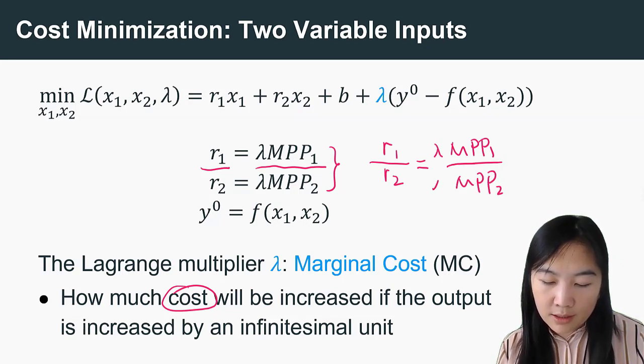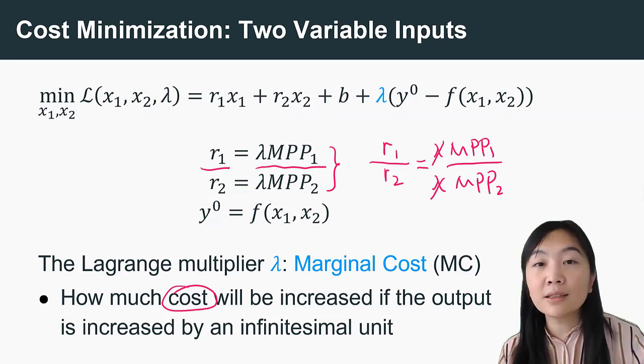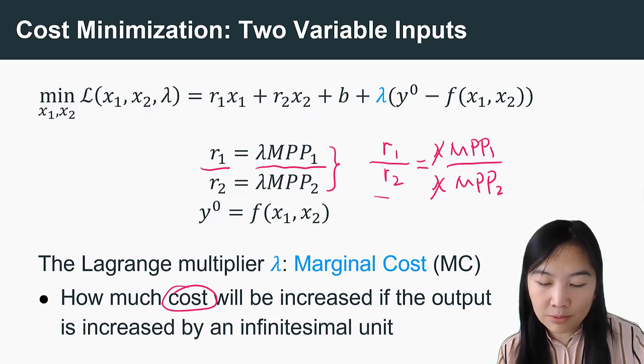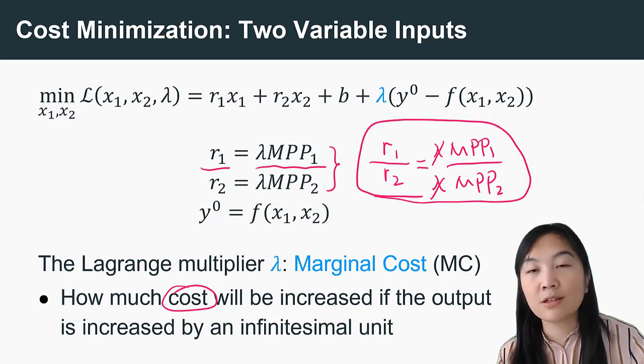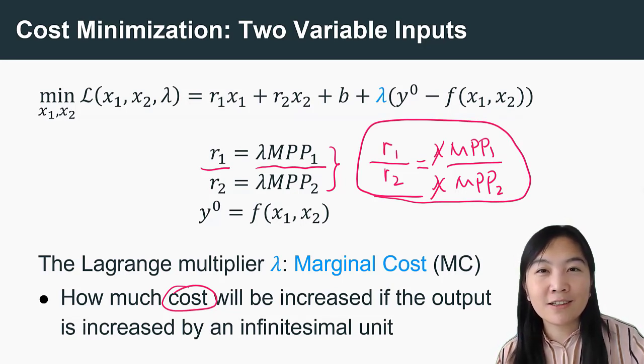And because this lambda is the same, we can cancel that. We end up with this condition: the ratio of the input prices is equal to the ratio of the marginal physical products. There are several implications and several interpretations of this condition, and we should go over them in detail.